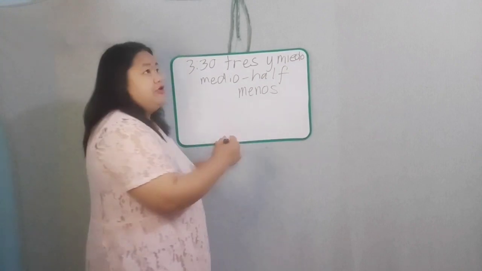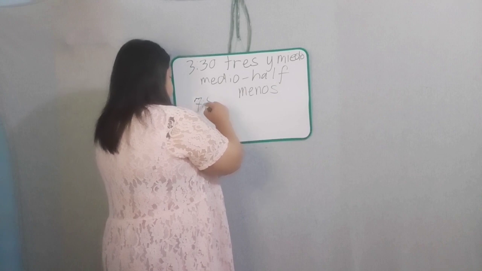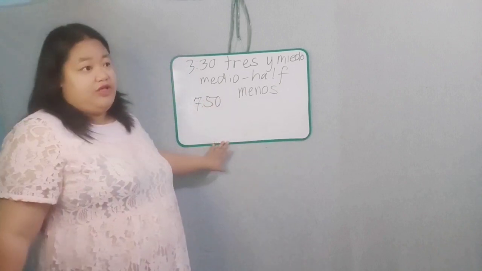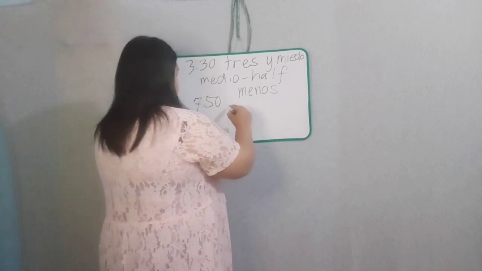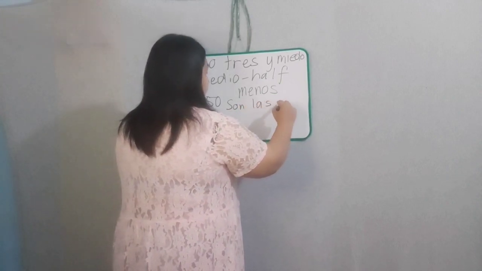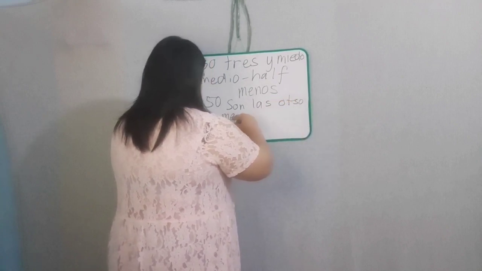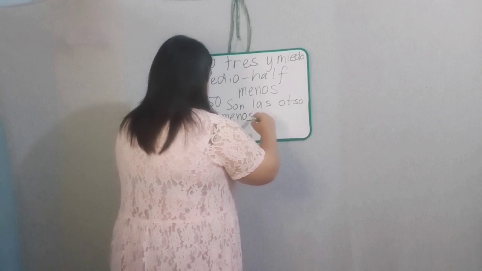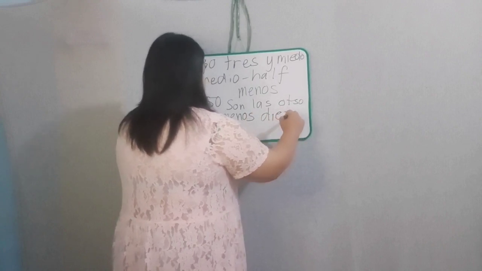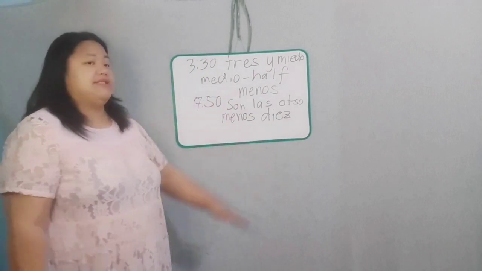So, how do you read the time? 7:50. Okay. So 7:50 would be son las 8 menos 10. Okay. So son las 8 menos 10.